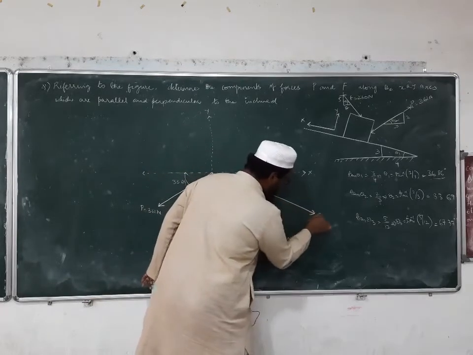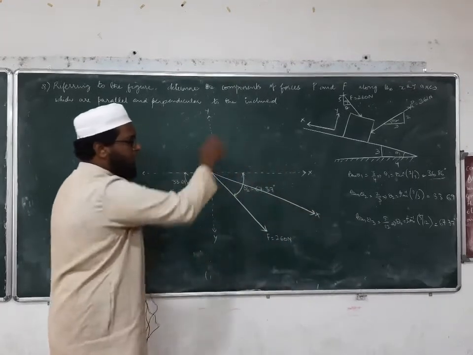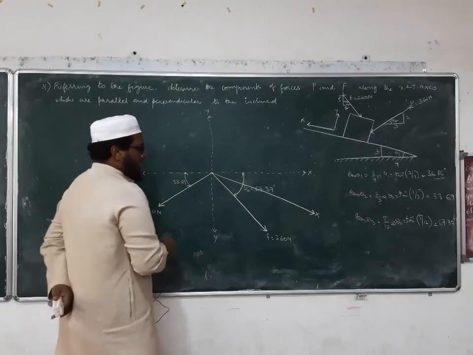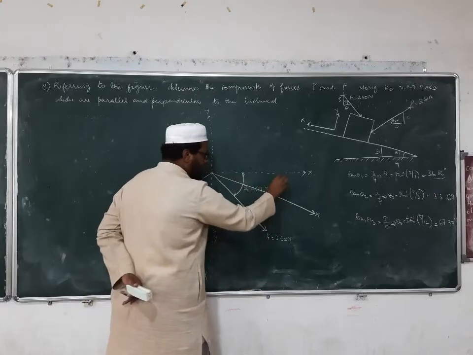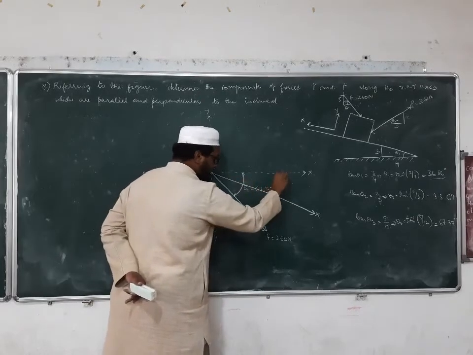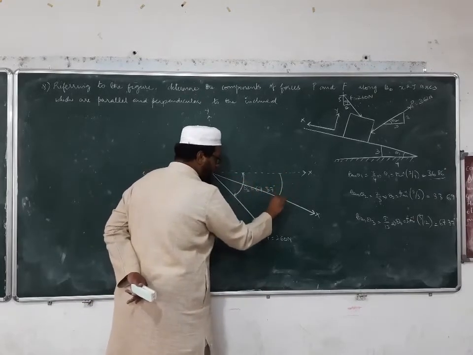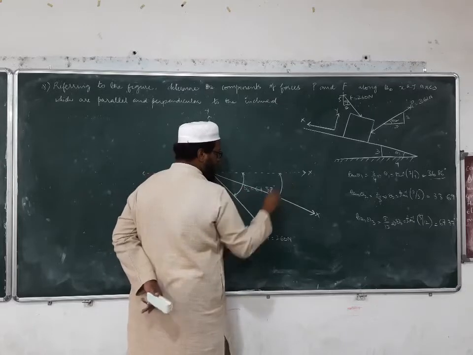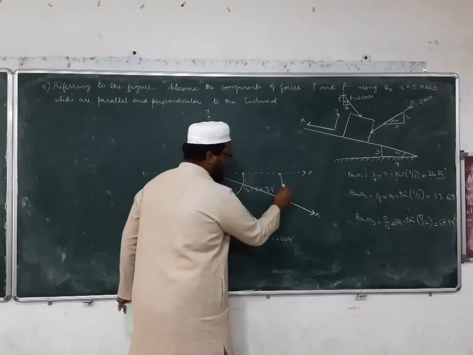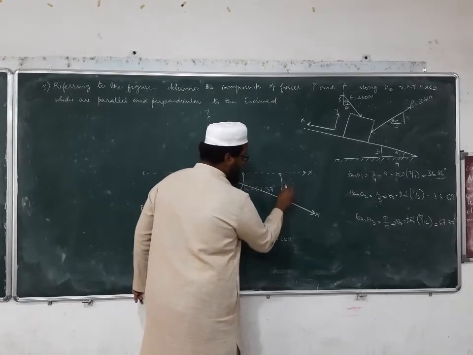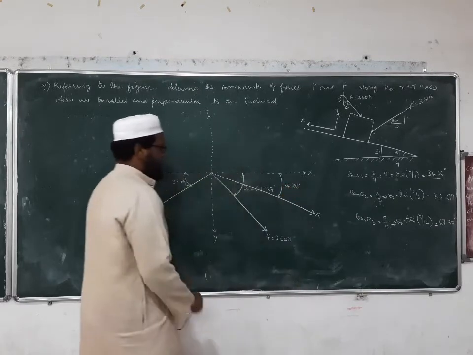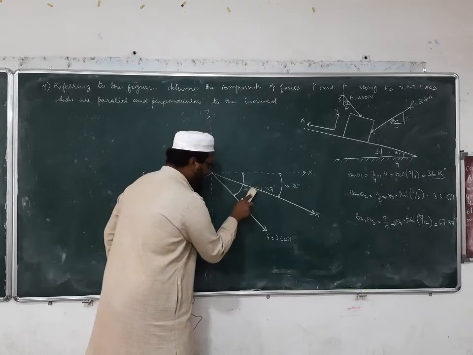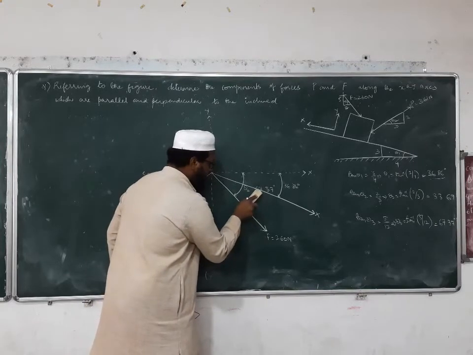This is my x-axis according to the problem. And what is the inclination, since we are rotating clockwise? This angle is 36.86 degrees. I'll write theta 2 below this one.